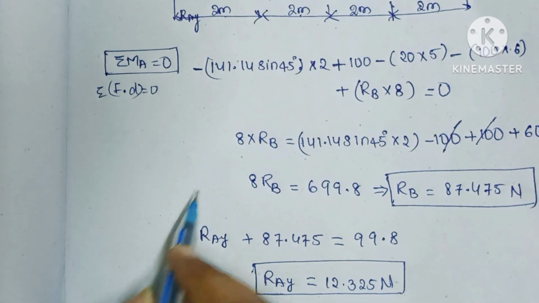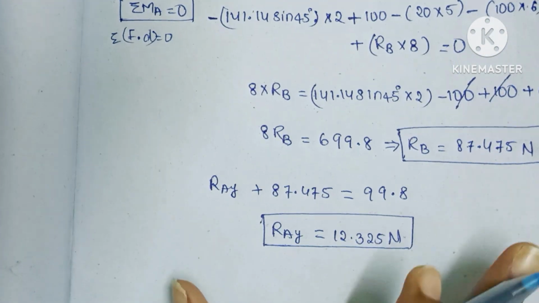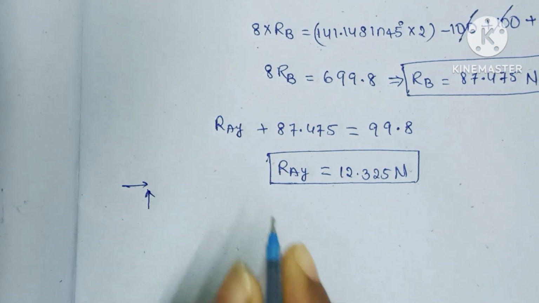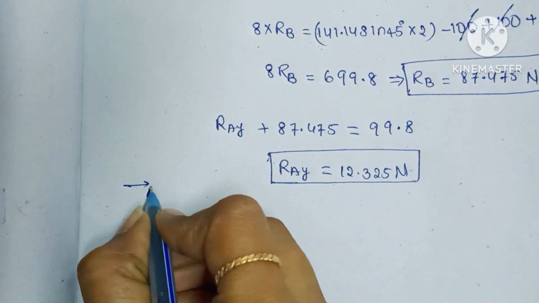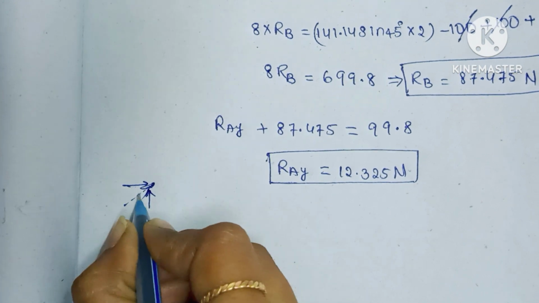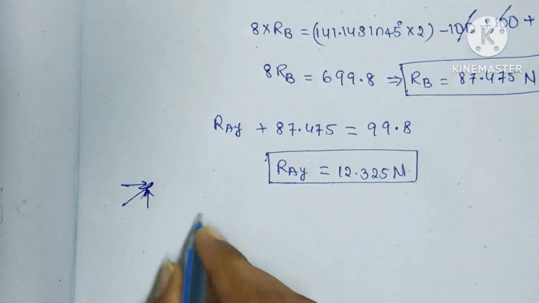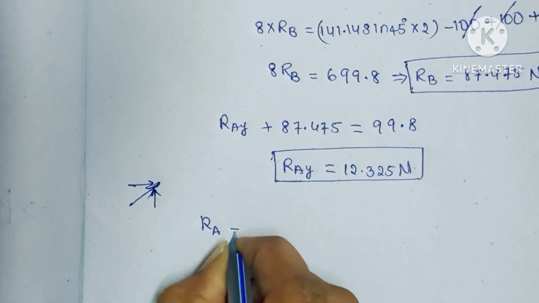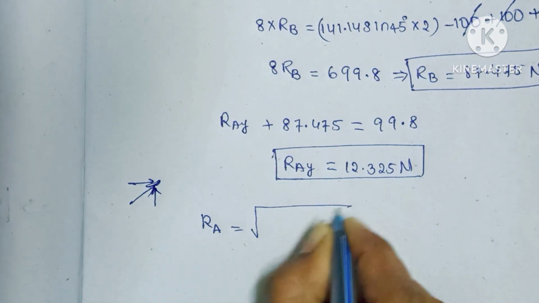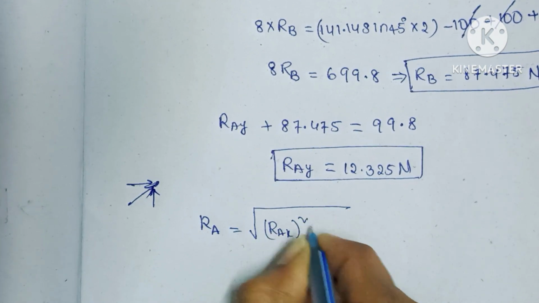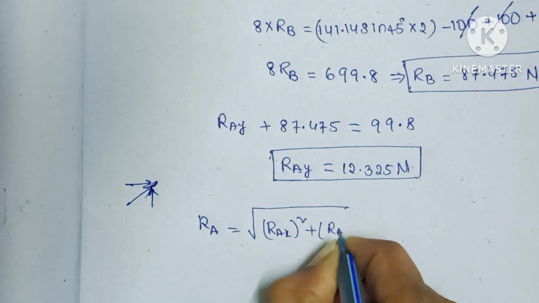For finding the reaction force at point A, we have the RAX value and the RAY value. For finding the force acting at one point, we need to find the resultant force at A. So the reaction force at A is equal to the root of RAX whole square plus RAY whole square.